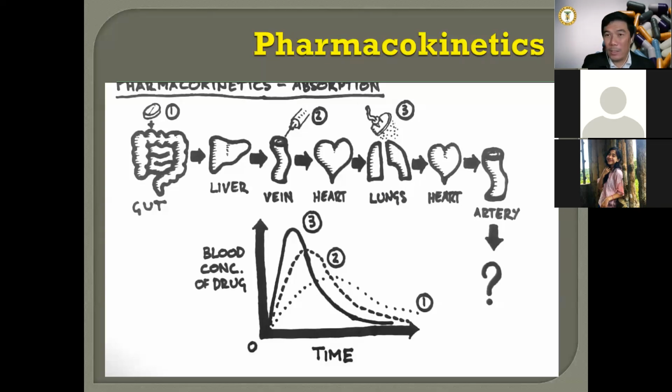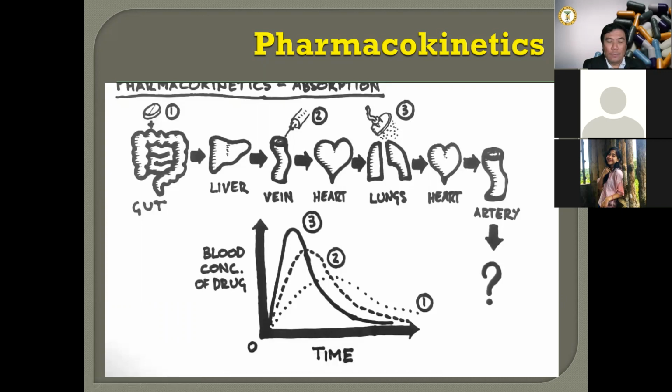That's why there are some drugs that may only be given via inhalation, some that may only be given intravenously, and some that may only be given via oral medication. Let us continue.